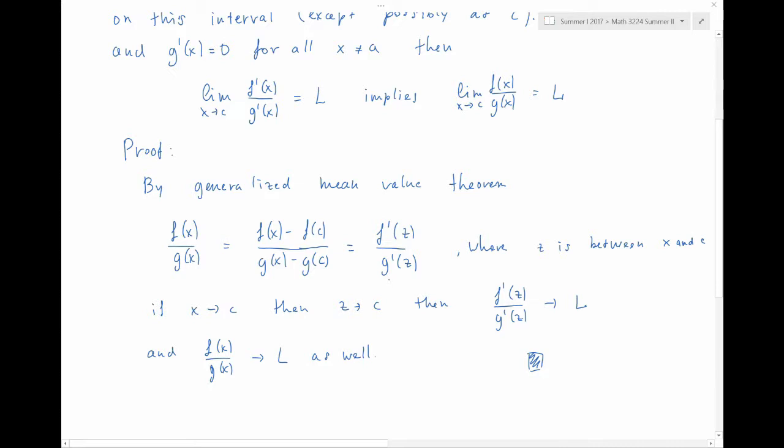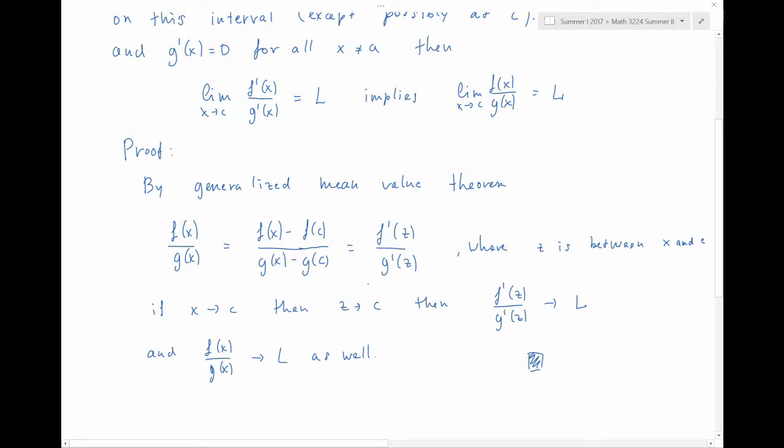And that is true because x is the driving factor here, we can let x converge to c in any way we want. But we have no way to control z. z converges to c in a particular way it wants to, and it makes this ratio of the derivatives exactly equal to the ratio of f over g, but it doesn't mean that this ratio has to stay the same for all possible z's very close to c.